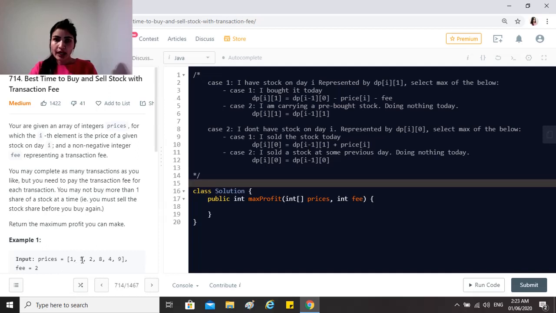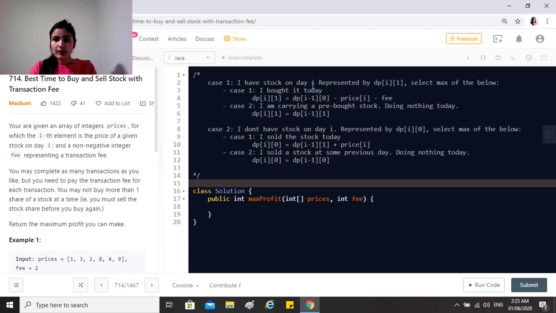So at 3, I still have a stock on this day, but I have not bought it today. I'm just carrying it forward. These are the two possibilities, and to handle the transaction fee, whenever we buy, we'll just deduct the transaction fee at that point in time.